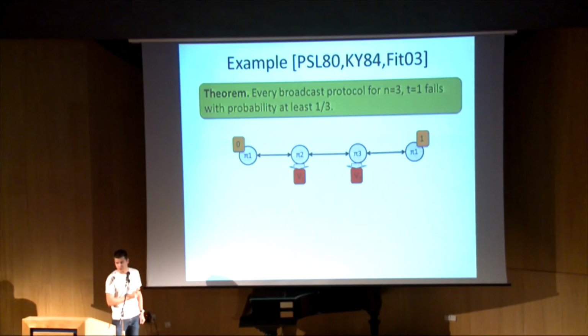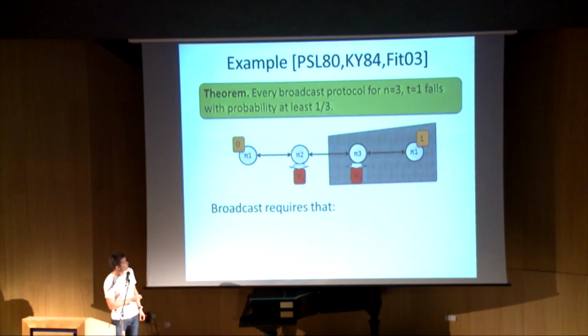Now, by analyzing the properties of broadcast, we can do the following. We can look at this part as one that can be simulated by the adversary, with program pi2 being executed by player p2 and program pi1 being executed by player p1. This gives us the requirement that v2 should be 0.